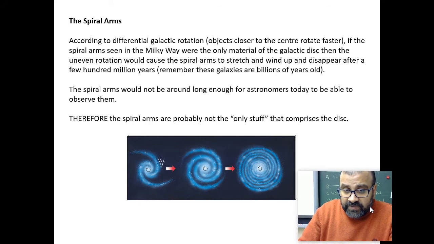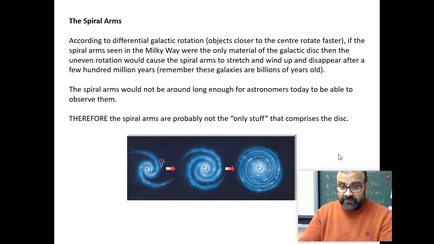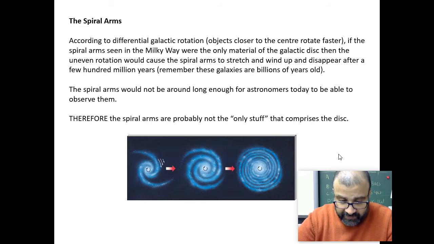Now, this part is a little confusing. Why are there spiral arms? Okay, so I want you to think about something first, right? You have a cup of coffee, right? And if you have a chance, actually try it. Get a cup of coffee. If you drink coffee, you pour the cream in and start slowly stirring it.